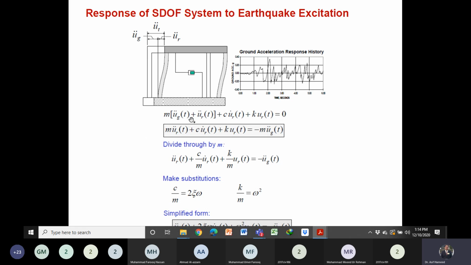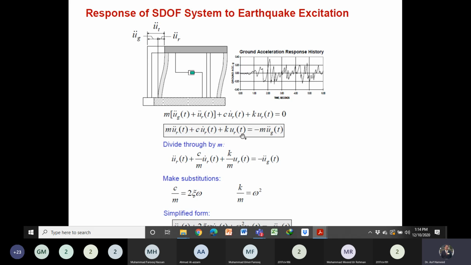So we can write the equation of motion. Mass times total acceleration, acceleration of the ground plus the acceleration of the mass with respect to base, plus damping coefficient times the velocity, plus stiffness times the displacement, is equal to 0. Then we can take m times the ground acceleration term to the right hand side.